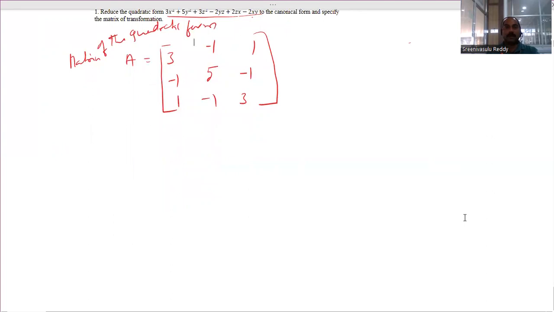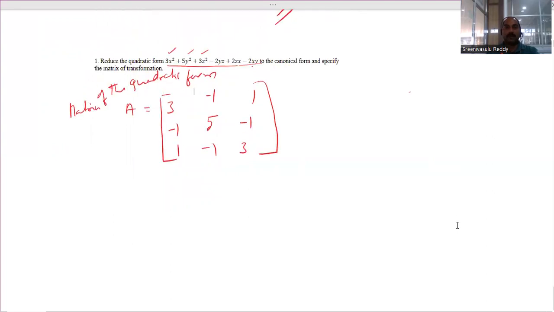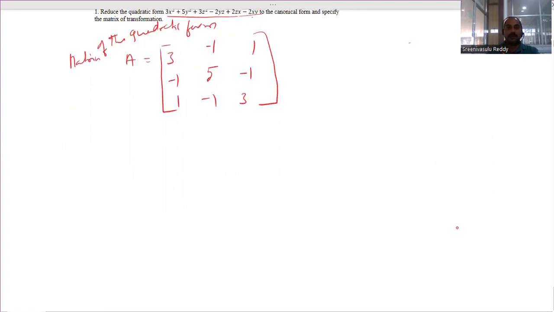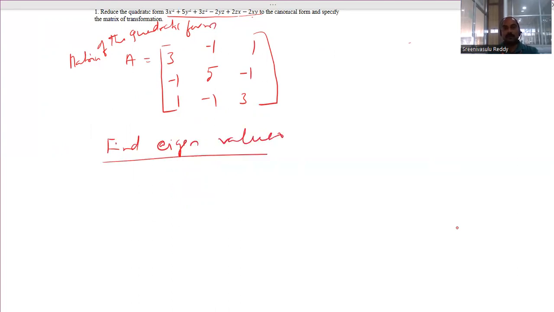So we have the task to find eigenvalues and eigenvectors. The first step is to find eigenvalues. Then find the corresponding eigenvectors.